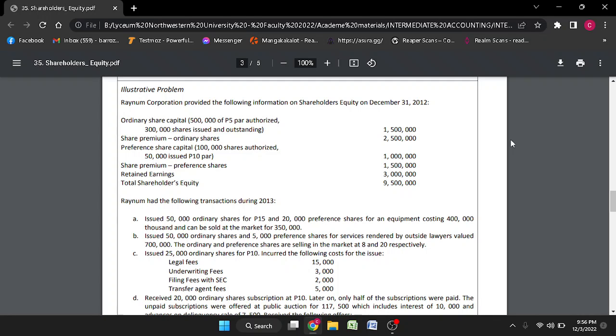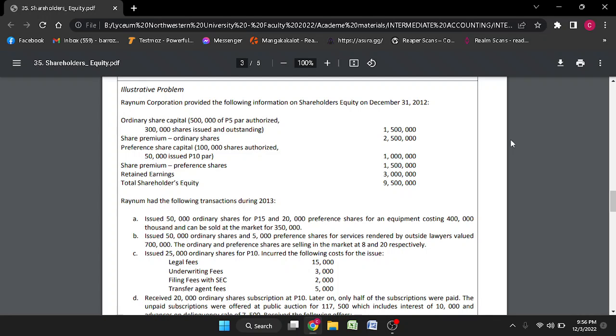So let's use this illustrative problem to understand more the basics of shareholders' equity. Rainham Corporation provided the following information on shareholders' equity on December 31, 2012. Ordinary shares with a total of 500,000 shares authorized with a par value of 5 pesos.